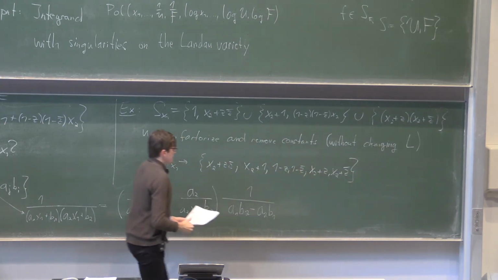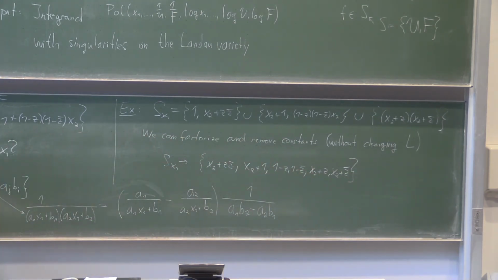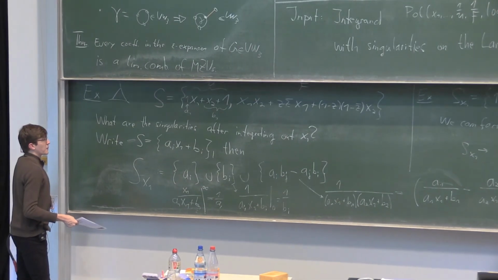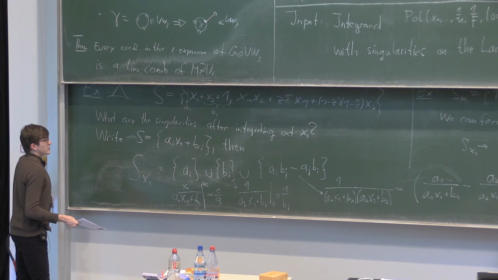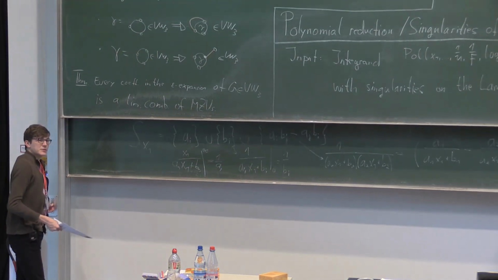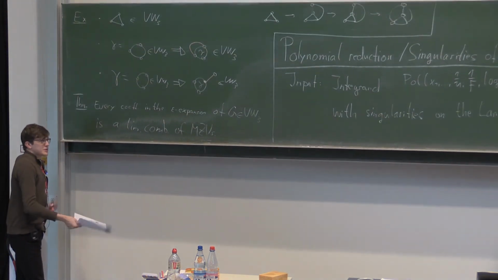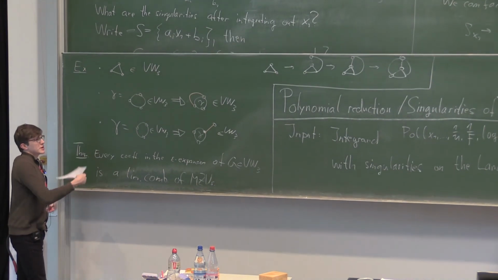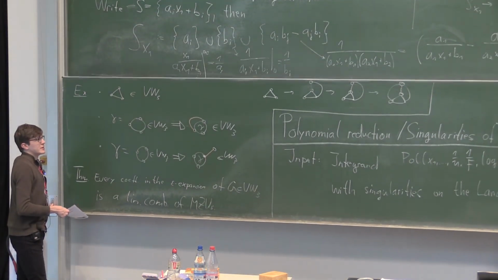Okay. So now we've understood the singularities after the first integration. And the idea is now you can just keep going. In the same situation, whatever we integrated, after the first integration, we will have a function which has singularities in this variety.